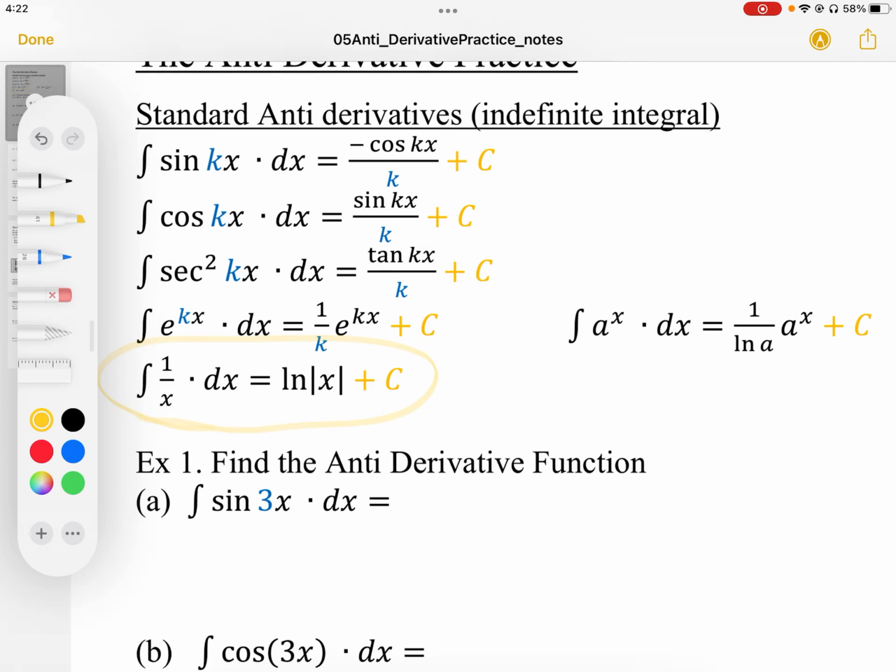We have to account for the original domain of the function in its antiderivative function, log. If we just left it as log, we would not be able to use the negative x values in the antiderivative function. So that's why that absolute value is there.